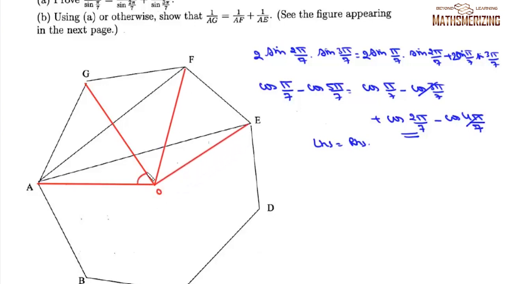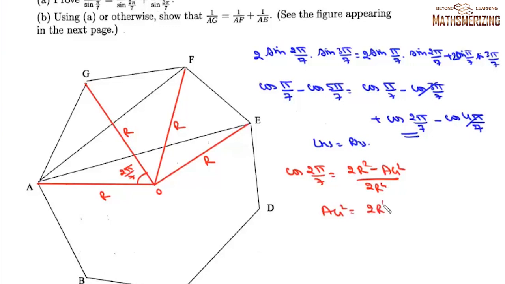Now this angle is 2 pi by 7, and suppose the radius is r. Now using the cosine rule, we can write cos 2 pi by 7 equals (2r square minus AG square) upon 2r square, or AG square is 2r square (1 minus cos 2 pi by 7).